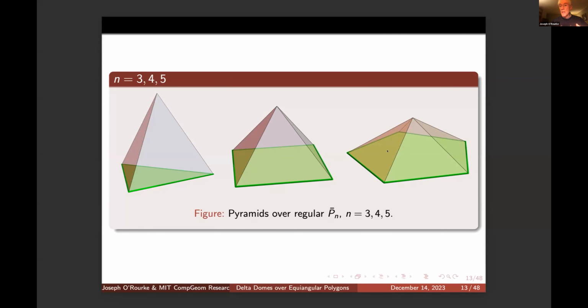And that violates the definition of what we mean by doming, because the dome triangles should be above the base, not lying in the base. So how can you dome a hexagon, regular hexagon?